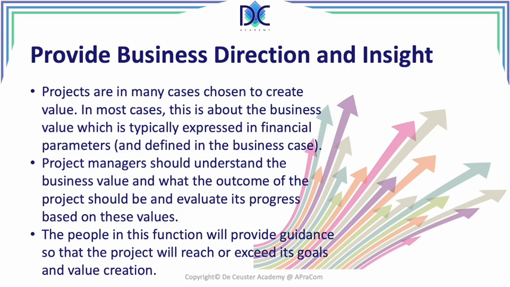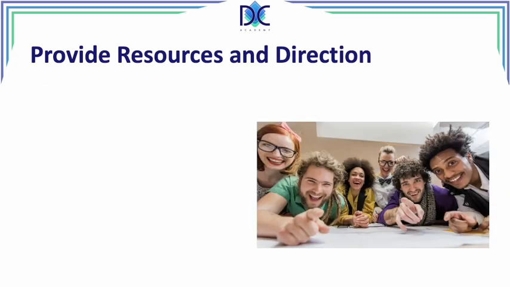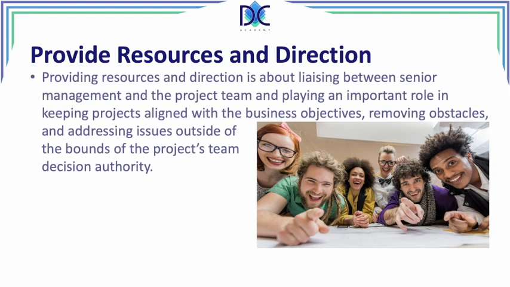Provide resources and direction. Resources and direction is about liaising between senior management and the project team, and it's playing an important role in keeping projects aligned with business objectives. It's about removing obstacles and addressing issues outside of the bounds of the project team's decision authority.